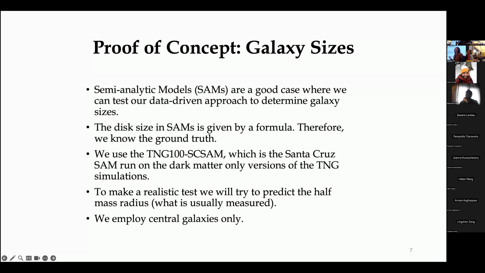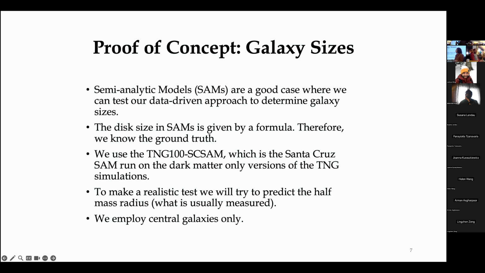So for those that do not know semi-analytical models, you take the dark matter merger trees, and then you basically write clear recipes for how each property of the galaxy is formed. So this is how they work.